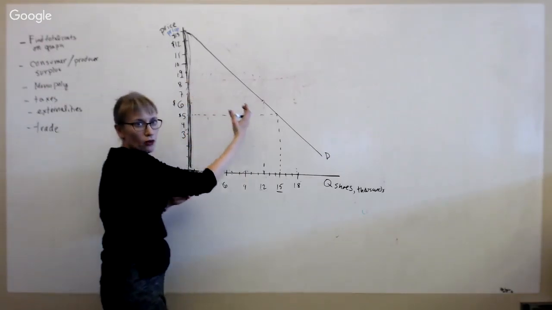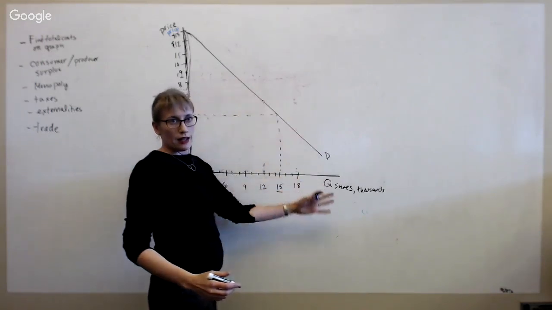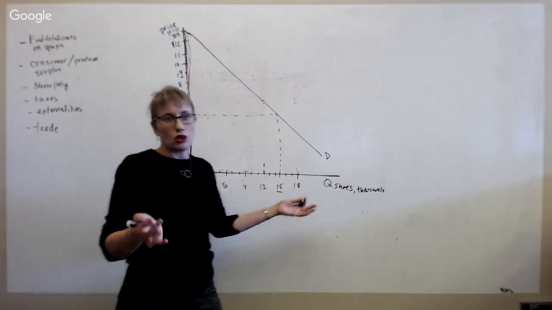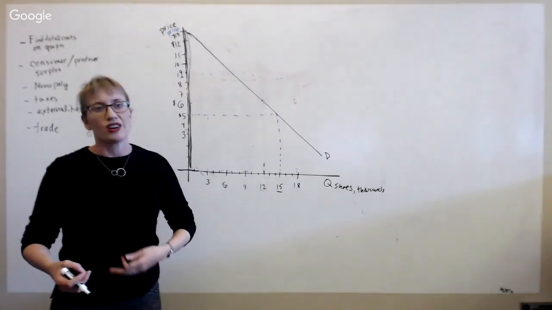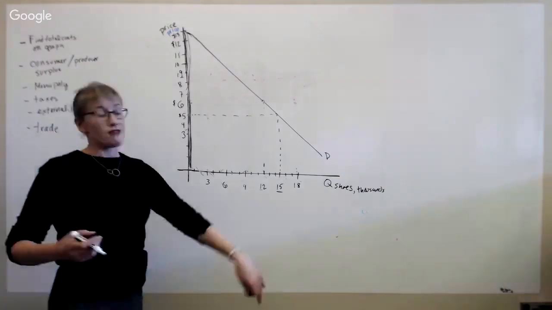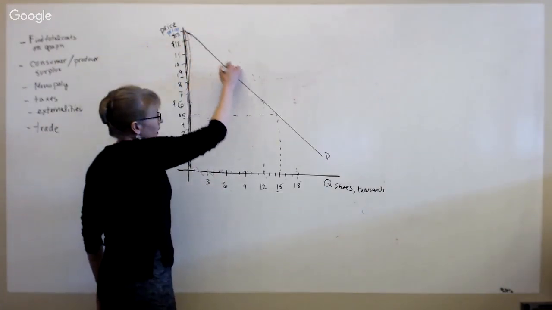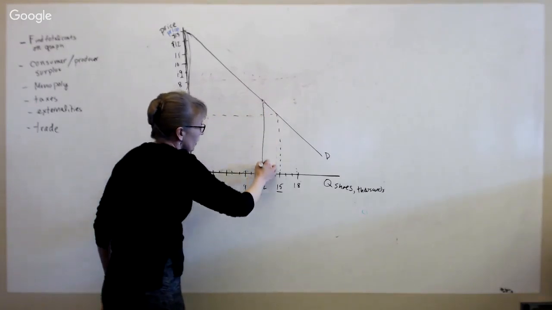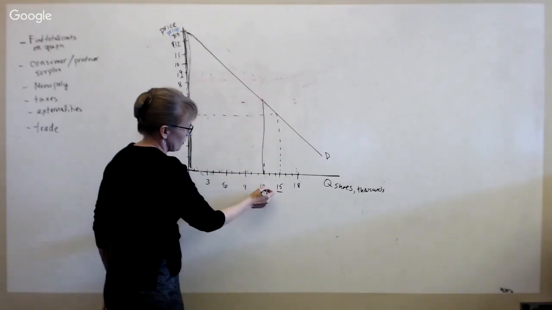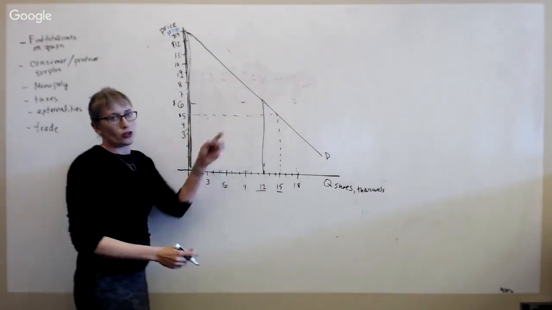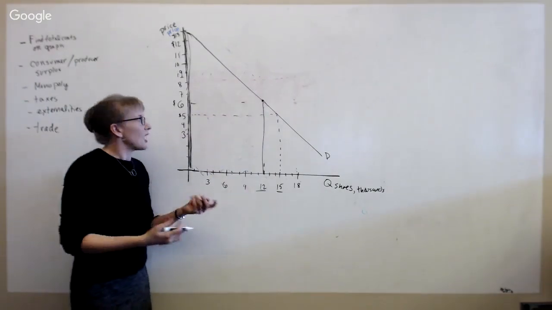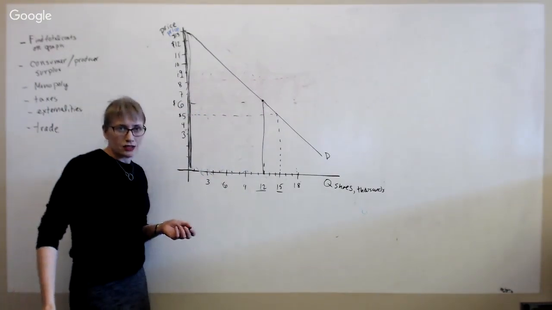Now, as we move down the demand curve, maybe we find consumers who don't value shoes as much. So if we move down here, at the quantity of 12, according to our demand curve right here, this marginal consumer values shoes at $6.